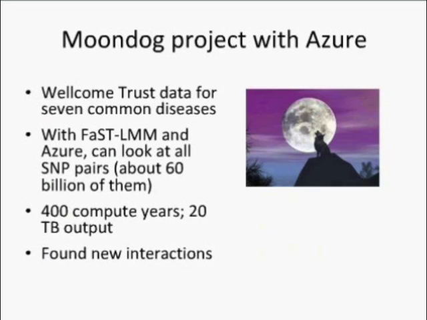If you look at the markers that were measured in this Wellcome Trust data, there are about 60 billion pairs of them. So for every one of these 60 billion pairs, we asked the question: is there an interaction between these SNPs and whether or not you get this disease? Because of FaST-LMM and because we have a nice parallel computation environment at Microsoft known as Azure, we were able to do these computations in a relatively short period of time.